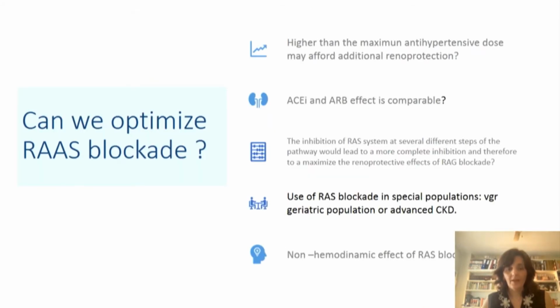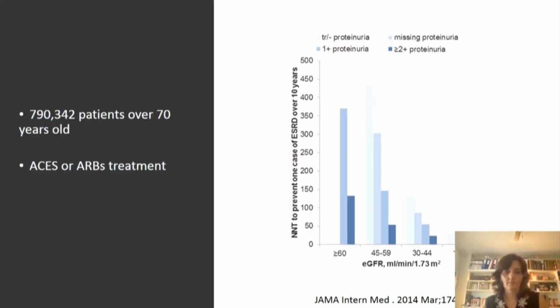Next question. All this previous conclusion has been obtained from a general population. Specific populations, such as the elderly or advanced CKD population, are usually excluded from clinical trials. So can we use the same conclusion for this population?